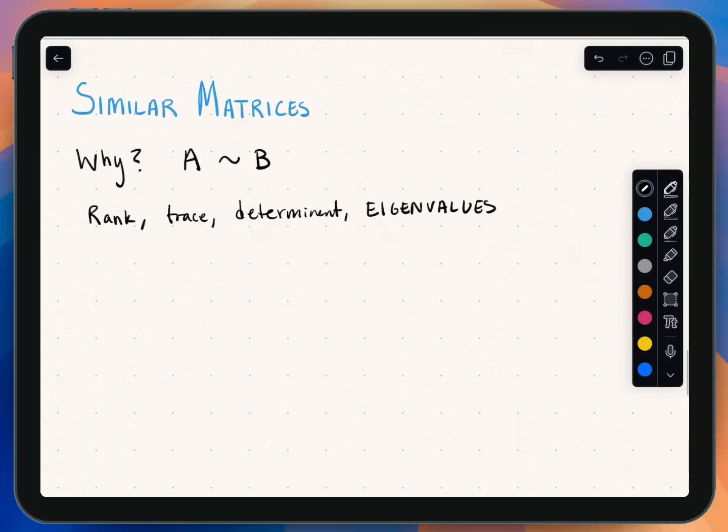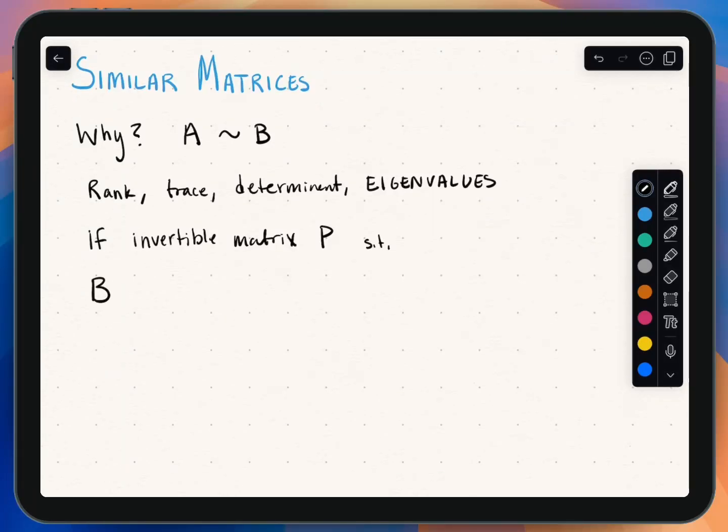And the definition for a similar matrix is: A and B are similar if we can find an invertible matrix, and I'll denote this invertible matrix P, such that our B matrix is equal to P inverse A P. So if we can find this invertible matrix P, and we can connect A and B in this way, so that P inverse AP is equal to B, then we know that A and B are similar.